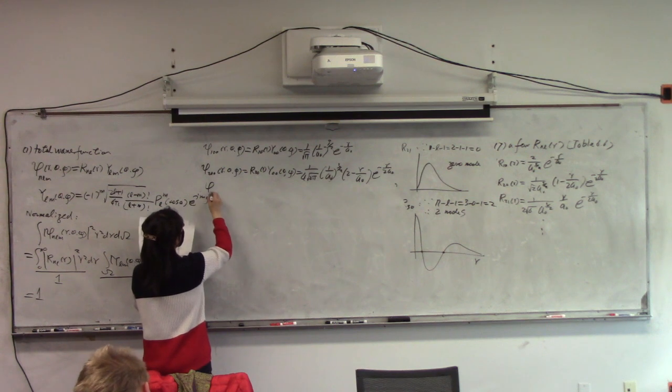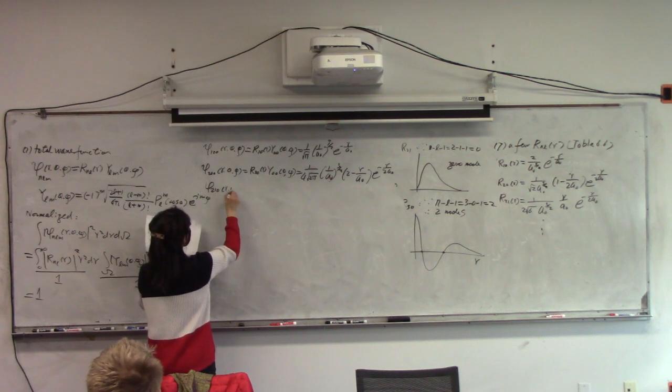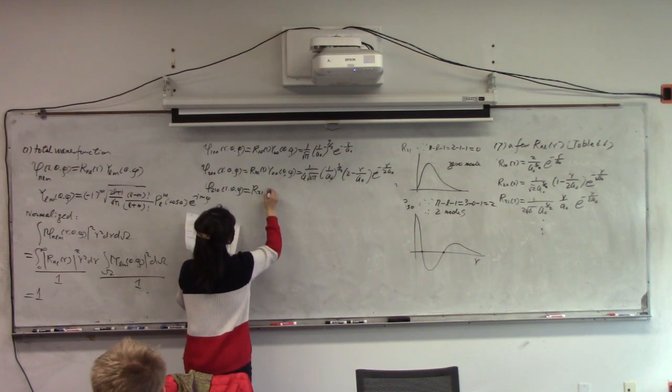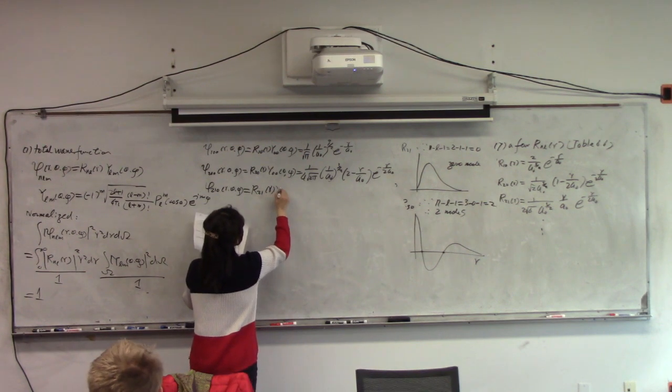Second one, L equal to 1: 2, 1, 0, but m equal to 0, so that is R 2,1 and Y 1,0.